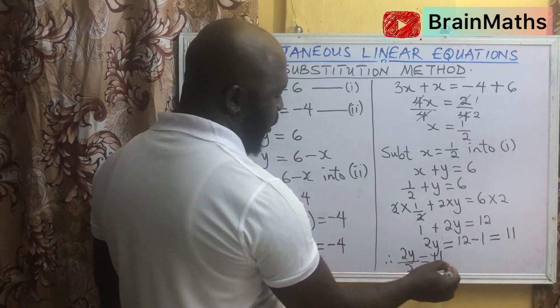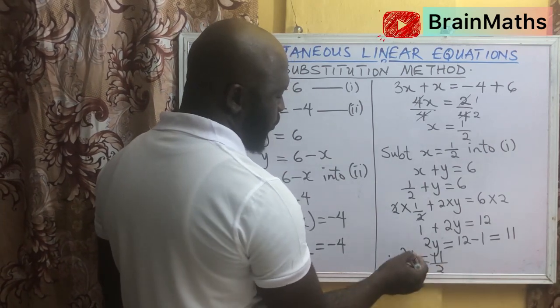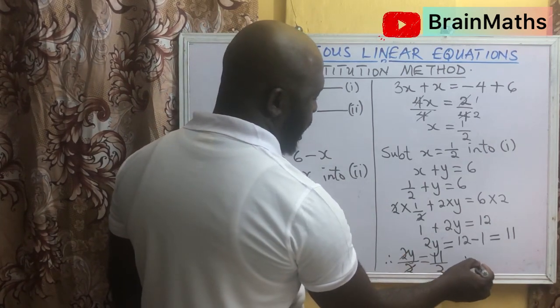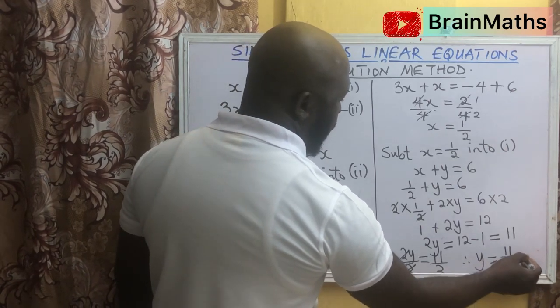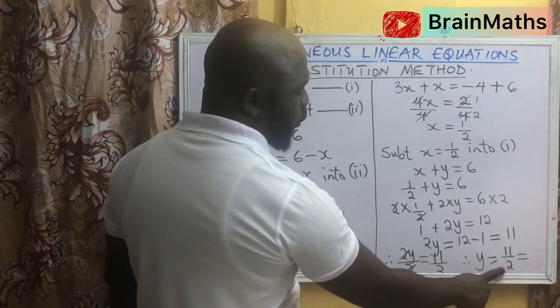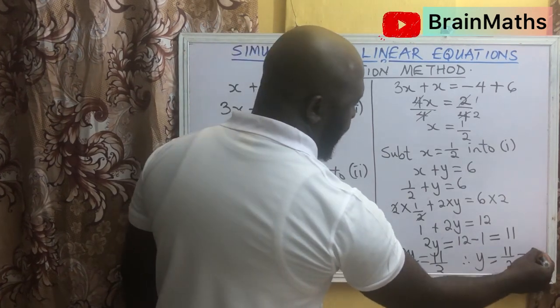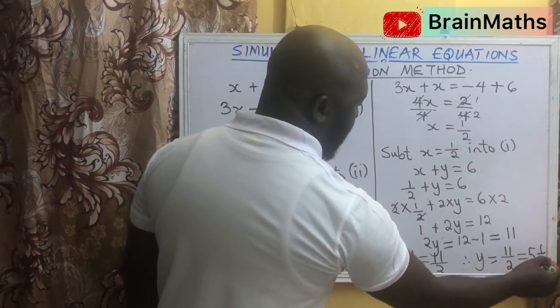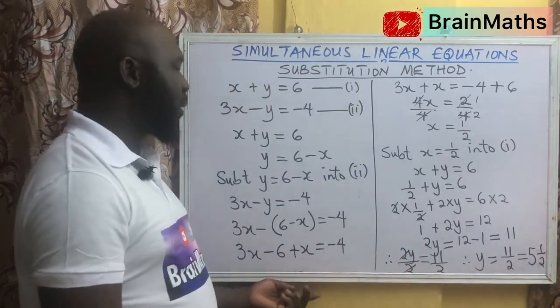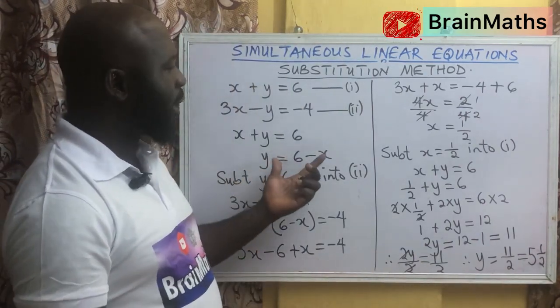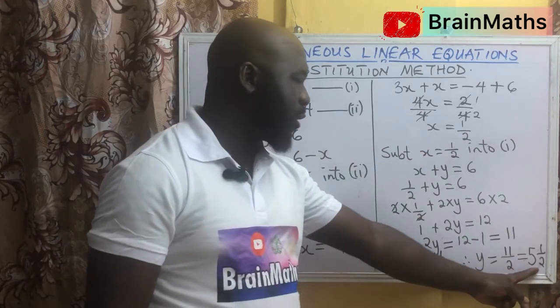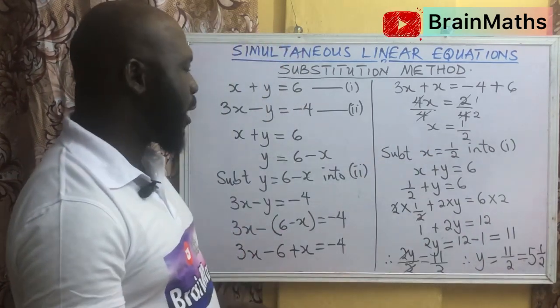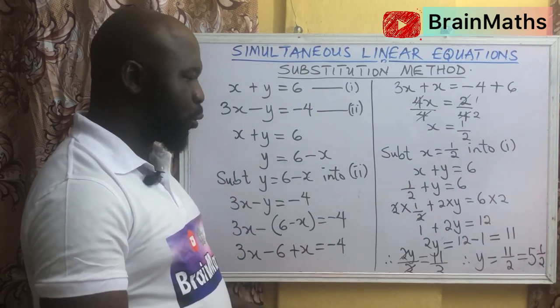Divide both sides by the coefficient of y, which is 2, and our y becomes 11 over 2, which is the same thing as 5 and 1 over 2. So from what we have seen, the value of x is 1 over 2 and the value of y is 5 whole number 1 over 2.